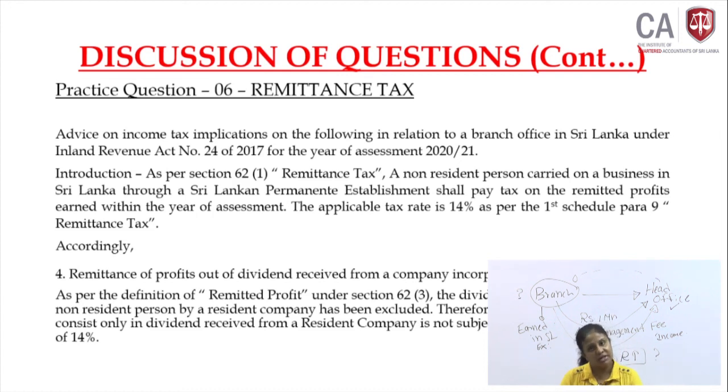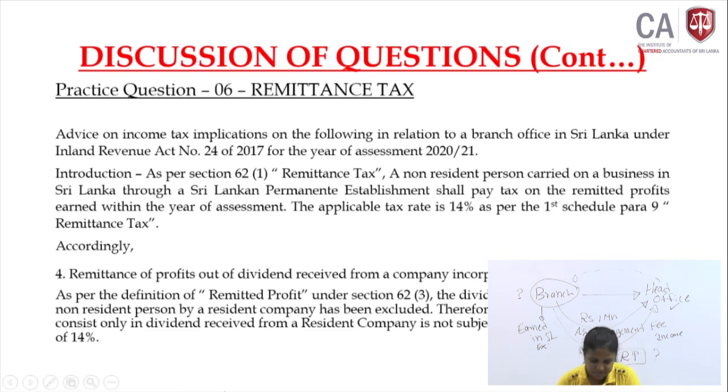Therefore, no need to pay 14% remittance tax on this resident company dividend received by the non-resident person, because the 14% has already been deducted and this branch office has received the 86%. On that, again we need not pay a remittance tax of 14%.